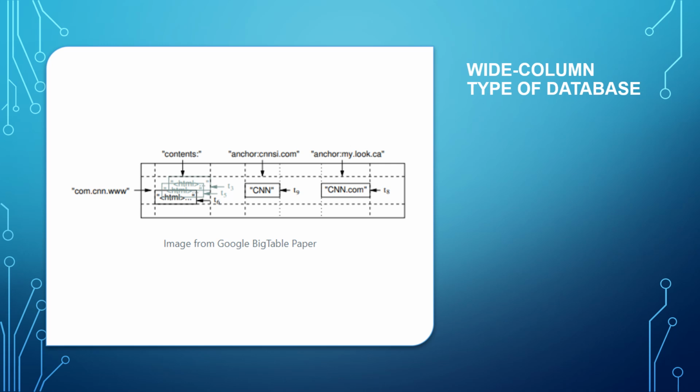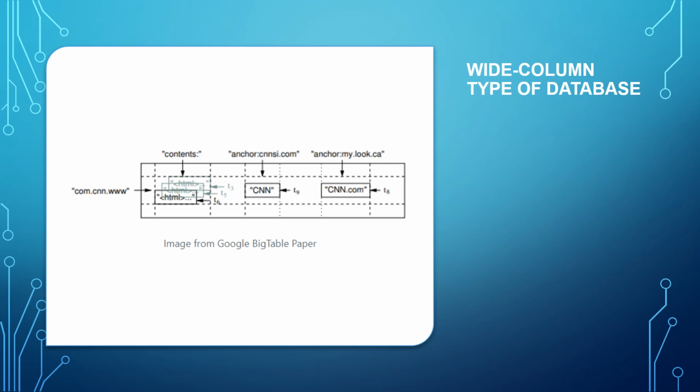Two features of a wide column store can be seen in the figure. It can be regarded as the two-dimensional version of a key-value store, such as the content column in the figure above, which contains HTML content with different timestamps. Column families are supported.